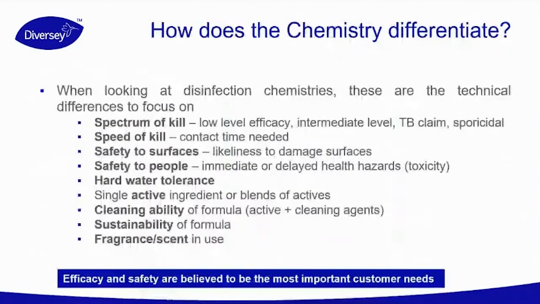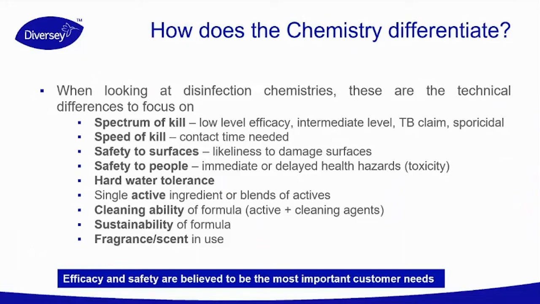So then how does the chemistry differentiate? We talk about all of those different active technologies, but there are technical differences that we need to focus on. The spectrum of kill, of course, we need to have the broadest set of efficacy; the speed of kill, the contact time required to kill a certain pathogen; the safety to the surfaces; the safety to people, with the immediate or delayed health hazard; the hard water tolerance; the single active ingredient or blend of actives; the cleaning ability of the formula.